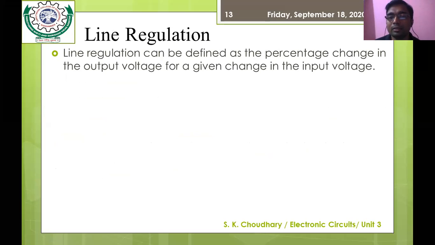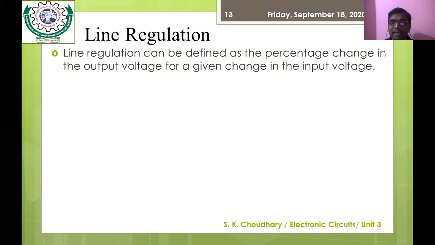Now we have to see the mathematical formula and definition of line regulation. Line regulation can be defined as the percentage change in output voltage for a given change in input voltage. We have already seen that line regulation is to maintain the constant output voltage when the input voltage varies.